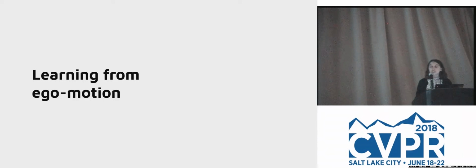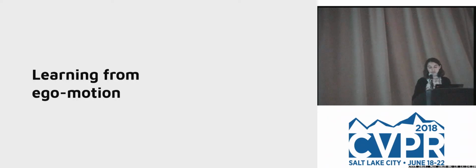And so lastly, let's talk about whether your ego motion, the way you move, can help learning. We already saw that ego motion is learnable and useful. So now it's going the other way around. If I know the ego motion, so somebody told me the ego motion, for example from some GPS signals or something like that, can I learn useful and interesting features?